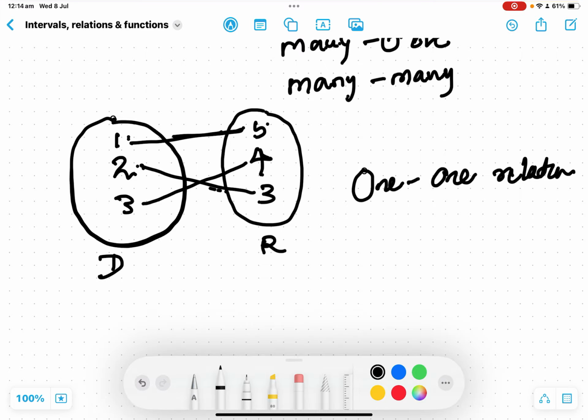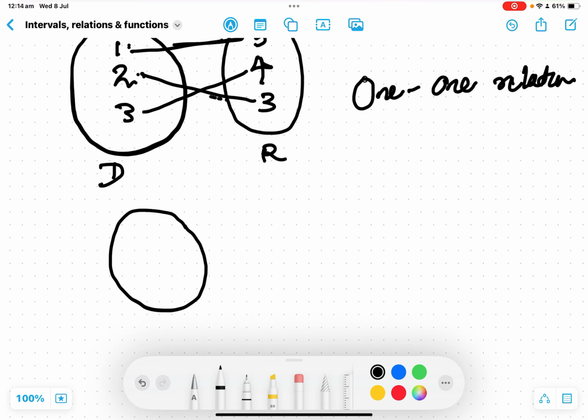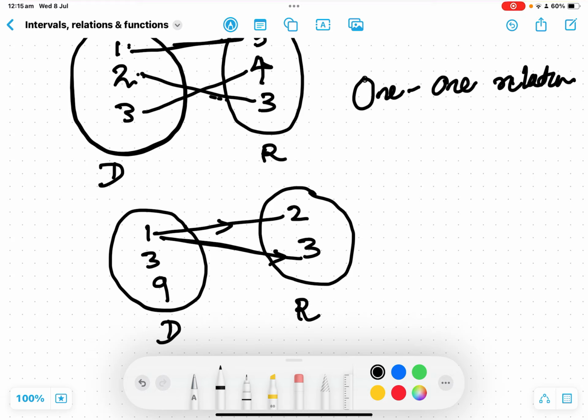The other one is 1 to many. For example, let's say there's another relation where the domain has 1, 3 and 9. In the codomain or the range, there are some other elements, 2, 3. So let's say 1 has an image 2 as well as 3, and 3 has image of 2, and 9 has image of 2 as well as 3.